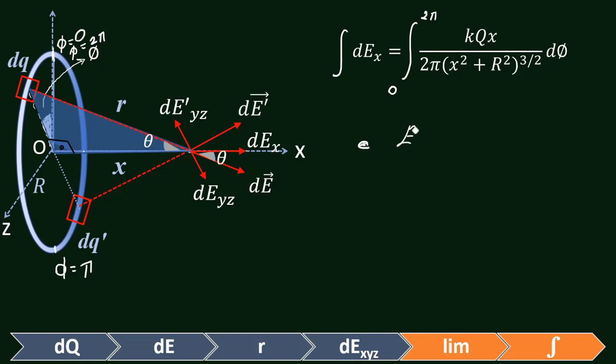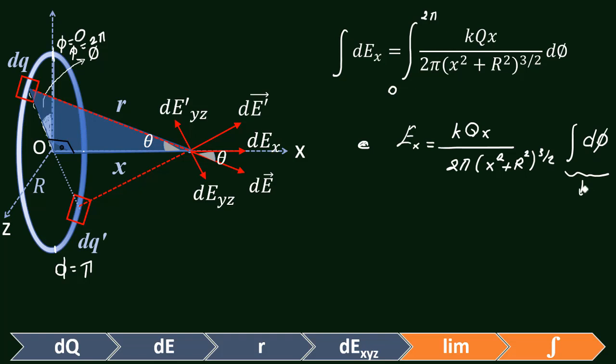So we'll have an x component of our vector, and everything in here is going to be constant: k, Q, x, 2 pi. None of these depend on the angle phi.